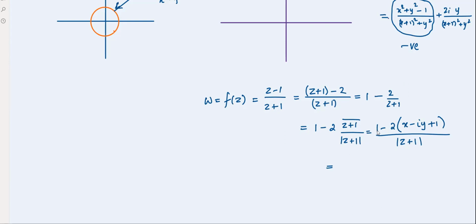So 1 minus 2 is minus 2, sorry, minus 2x. I'm getting minus 2x minus 1.